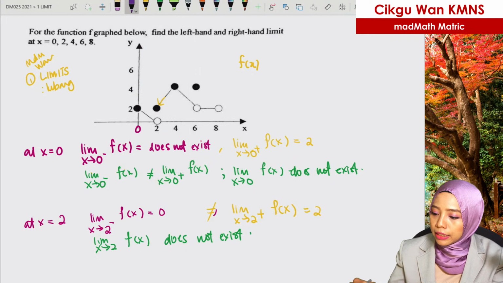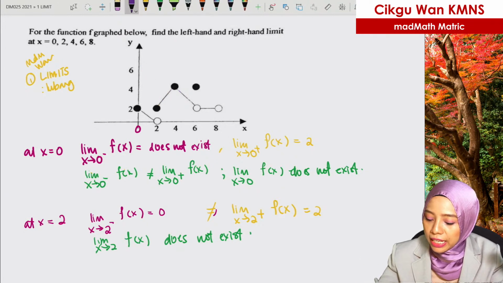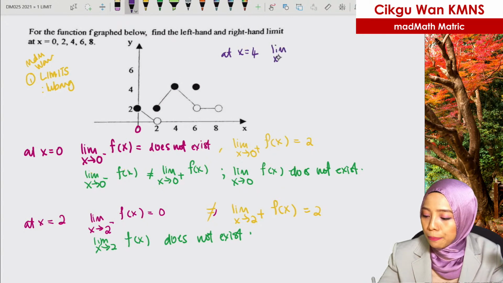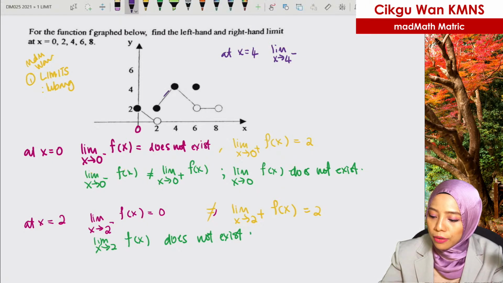Alright. Now let's look at point 4. Okay, what happened at 4? I do it nicely so that you are clear. So now at x equals 4. So limit x approaching 4 from the left. Okay, now we are looking from the left.